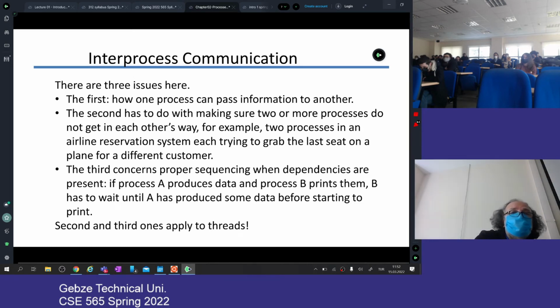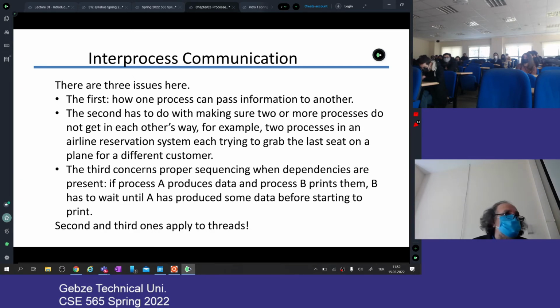When it comes to interprocess communication in general, there are three issues. The first one is: how can I pass information from one process to another, or one thread to another? This is easy for threads, because threads share memory space. You just modify a global variable and the other one can see it, but we have to be careful about that.